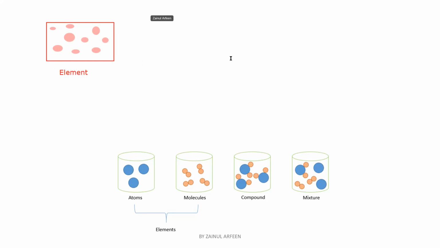Same thing, if we have a group of identical atoms, similar atoms joined together, because the atoms are identical, these are the molecules of an element. This is an element, that's right. Or we can also say we have molecules of an element.